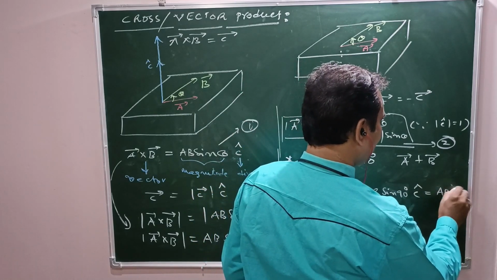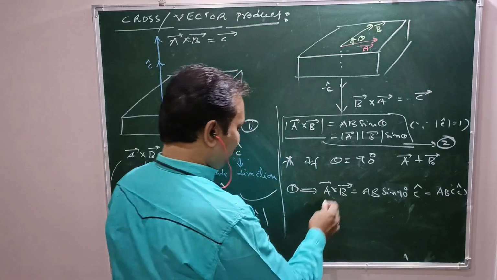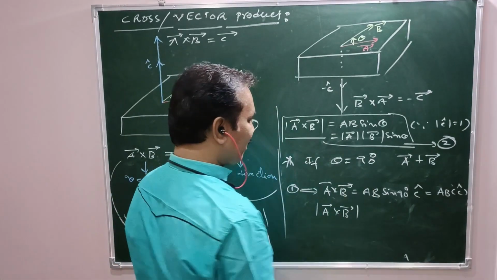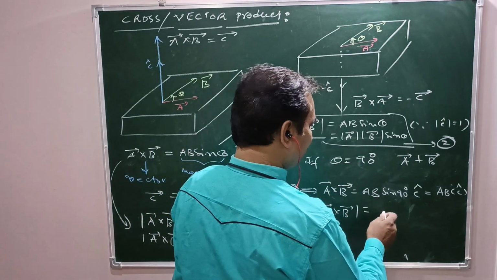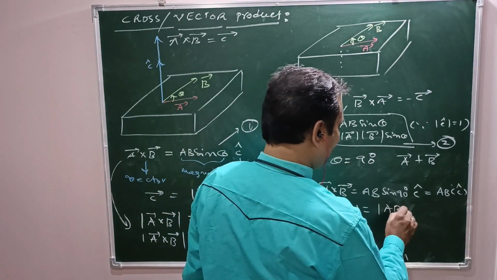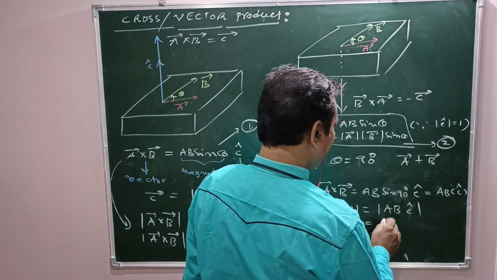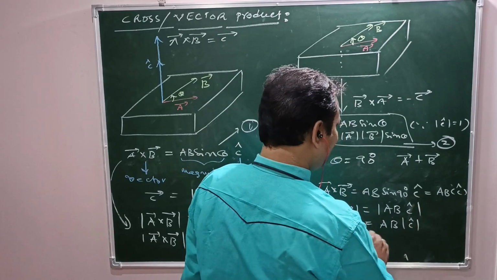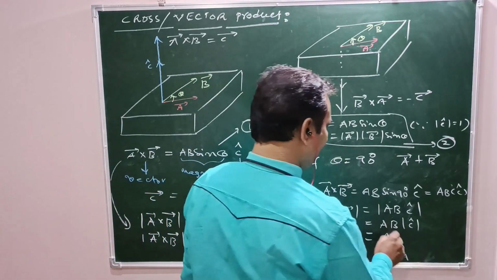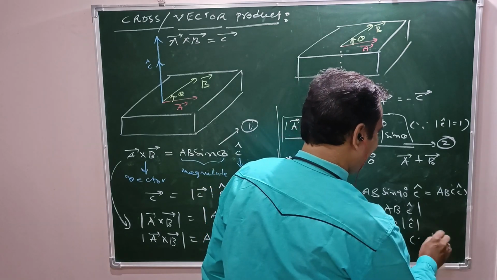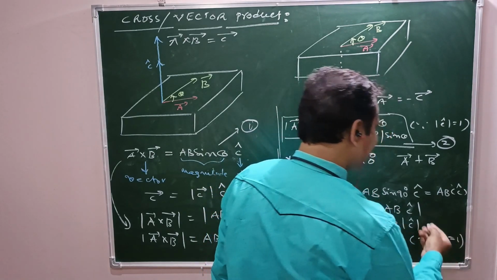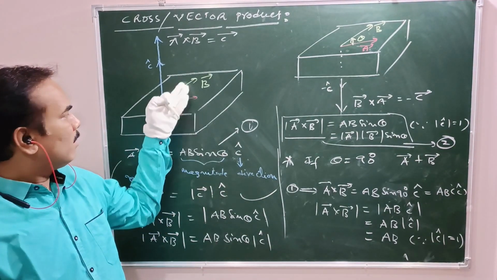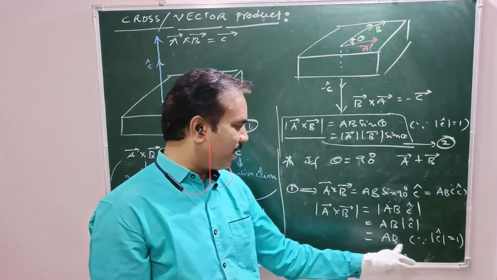Taking the modulus for orthogonal vectors, mod of AB into C cap is AB, since mod C cap equals 1, because C cap is a unit vector normal to the given parent vectors. That is AB into 1, that is AB.